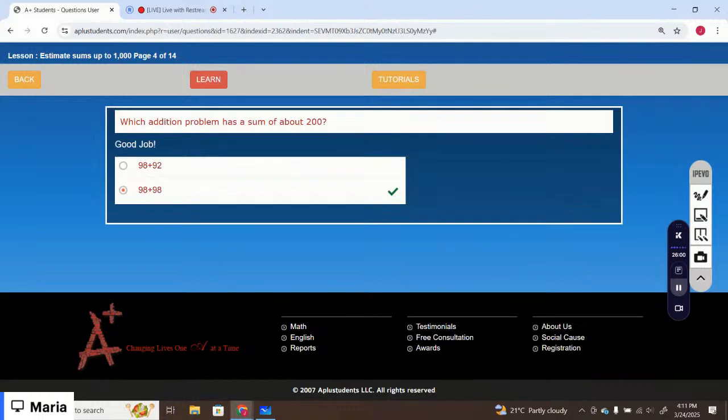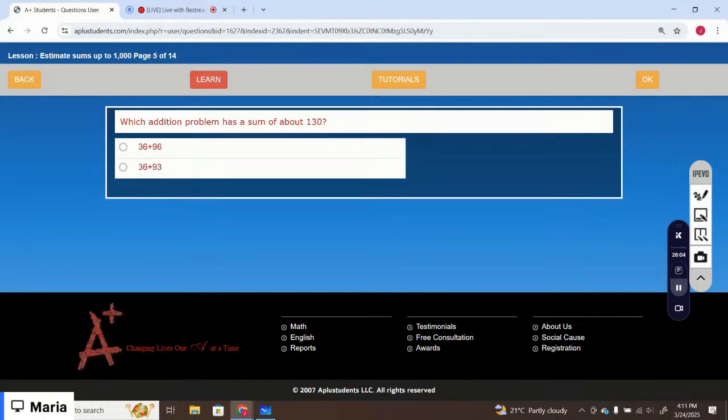Okay, the next one is: which addition problem has a sum of about 130?